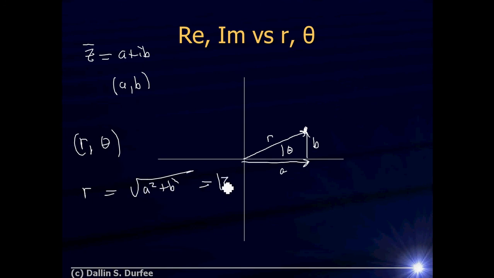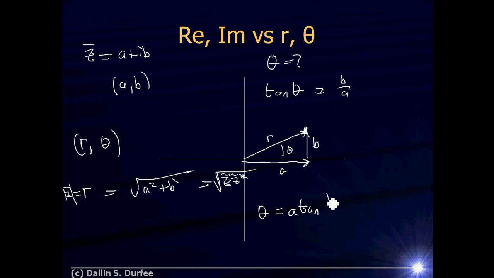Or I can take the square root of z times z complex conjugate, right? And that r is just, of course, the magnitude of z. How do I find the phase angle, theta? Well, I know that tangent of theta is equal to b over a. All right, so theta then is just the arctangent of b over a.